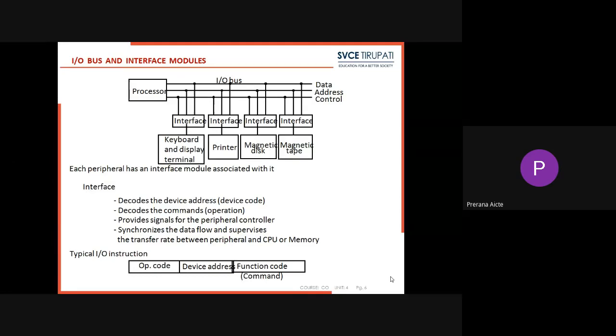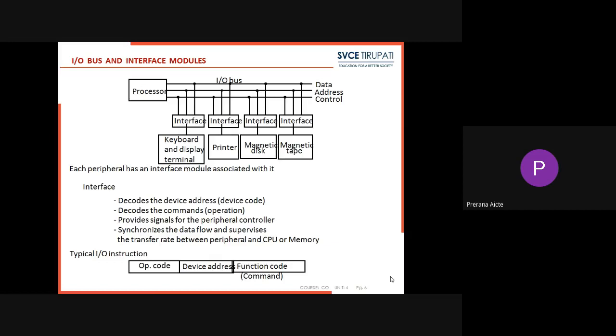When an interface detects its own address, it activates the path between the bus lines and the device that it controls. All peripheral devices whose address does not correspond to the address on the bus are disabled by their interface. So, buses are nothing but a group of wires for connecting multiple devices. The processor places the address onto the address bus.